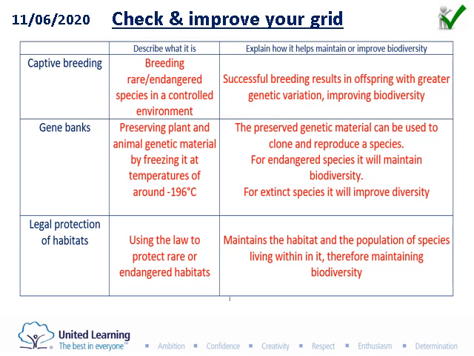You just use the law to protect habitats and the organisms within them. So well done if you got those, but again, just add that extra information because it's just demonstrating that you understand what it is and how it impacts biodiversity.